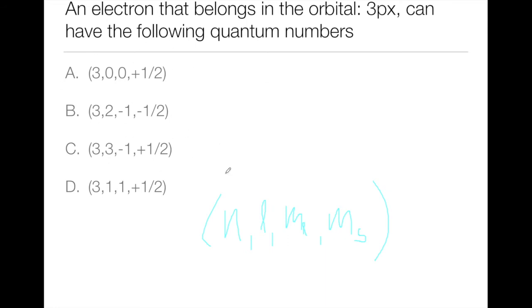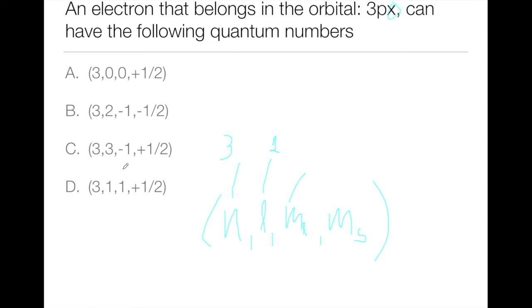The n number is the 3. Alright. Then the orbital is the p. Therefore, p means l equals what? 1. Right? And the ml, the x. I don't expect you to remember that, although some teachers do.